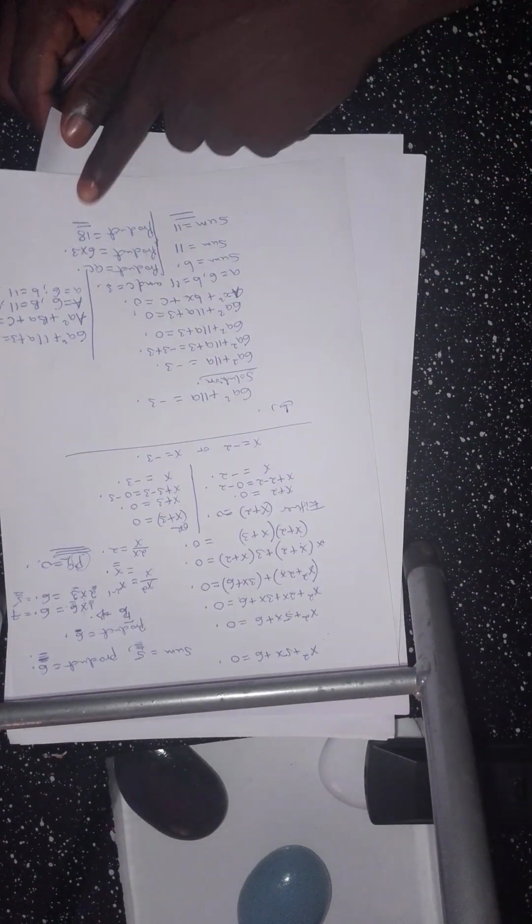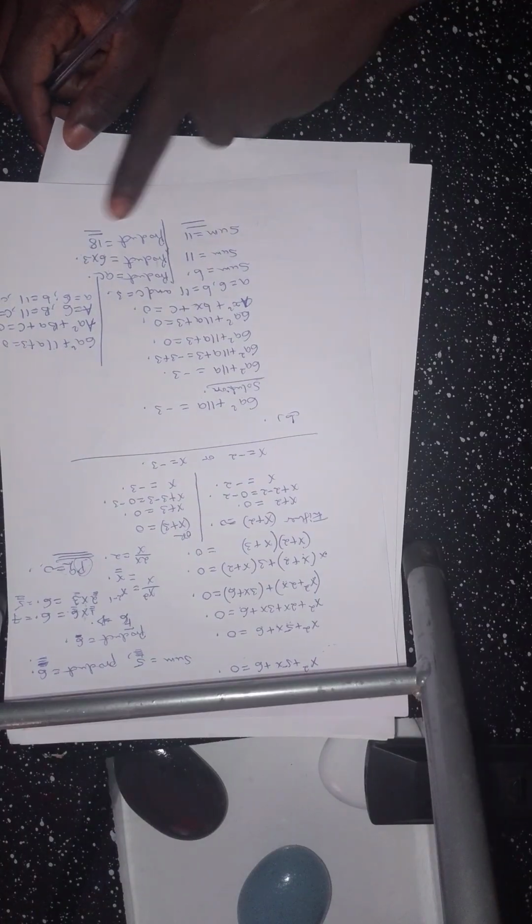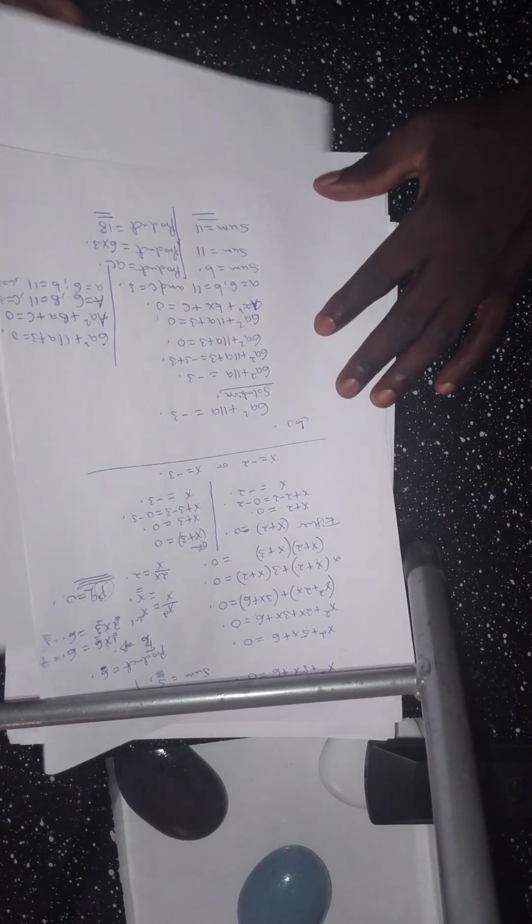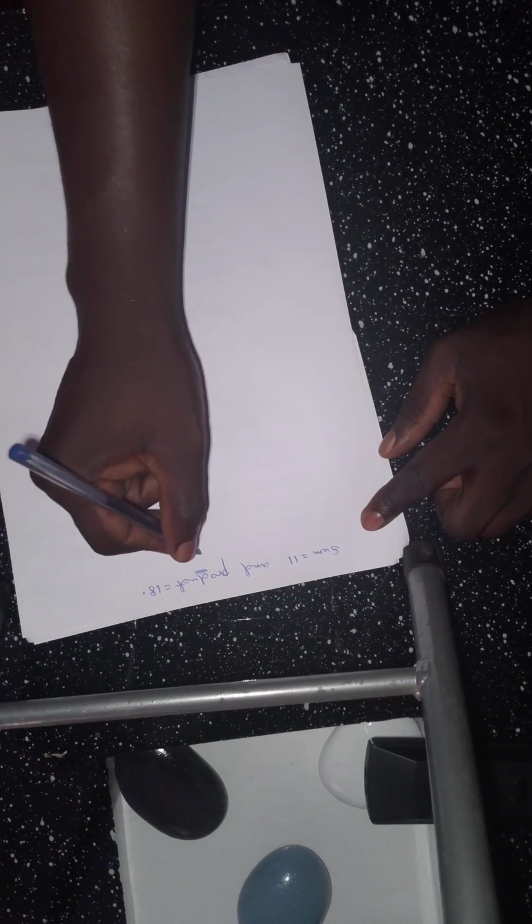Now we said we use the product, not the sum. We use the product to look for the factors. So our sum is 11 and the product is 18. We are going to look for the factors of 18 because 18 is the product.